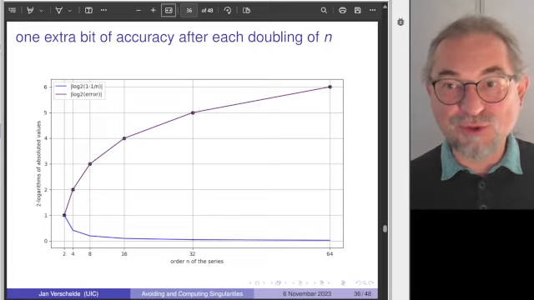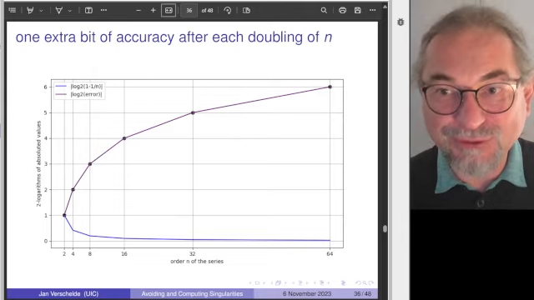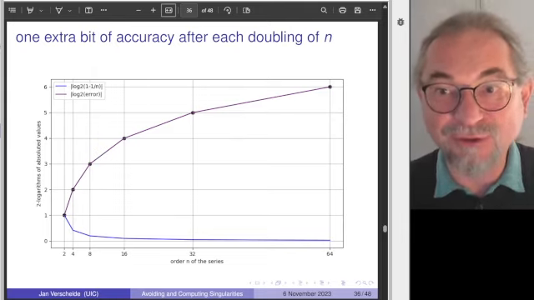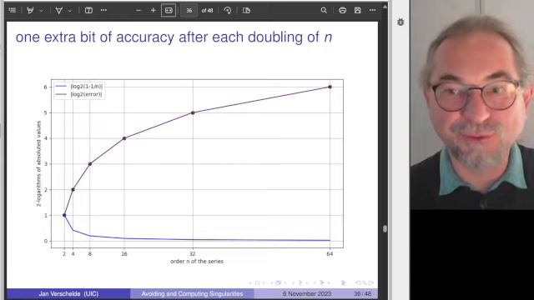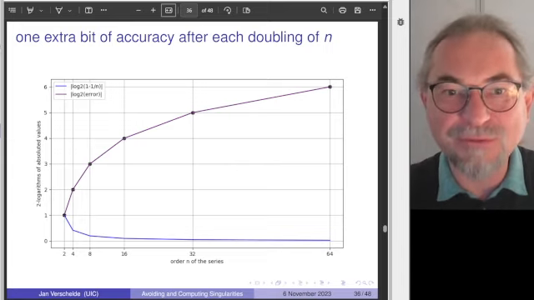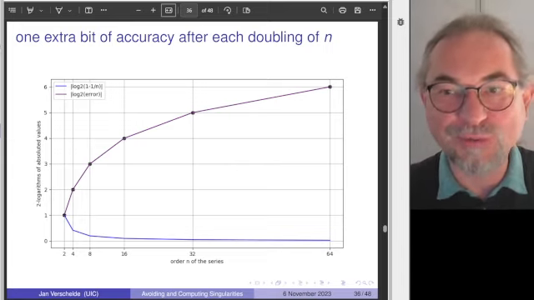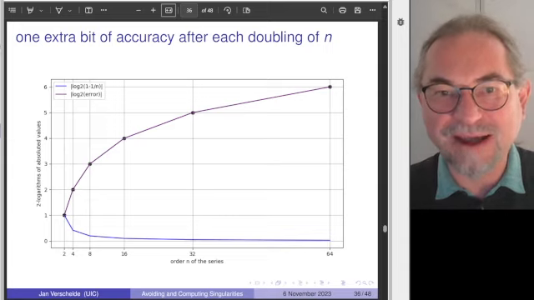I'm actually used to using Newton's method. Do one more step with Newton's method, if it converges quadratically, and your accuracy doubles. Here, you do twice the amount of work, you compute twice the number of coefficients in your series, and you only get 1 bit of accuracy.